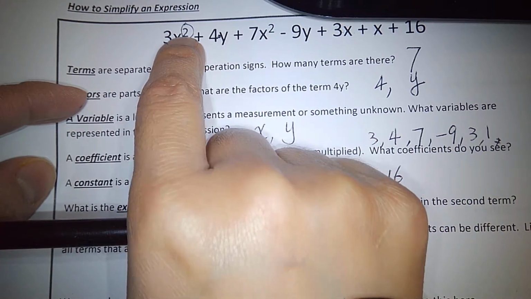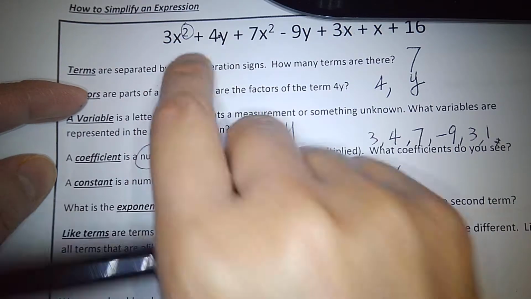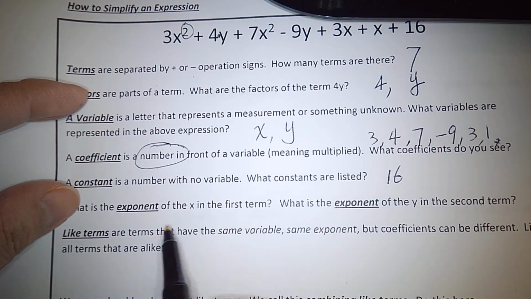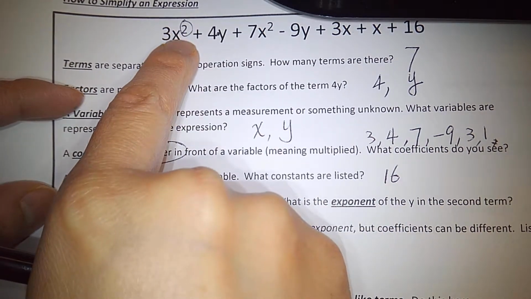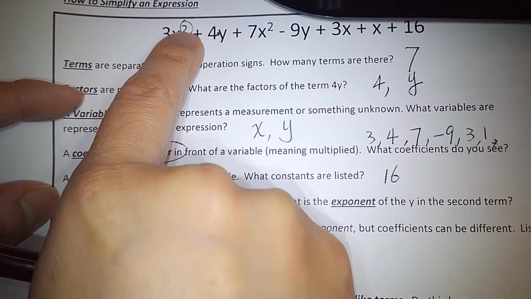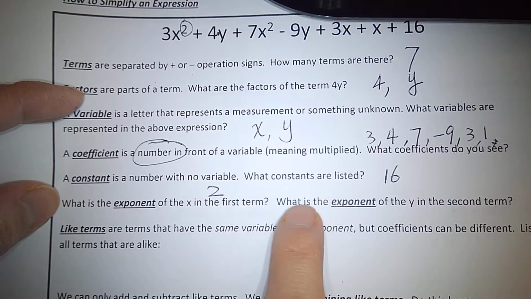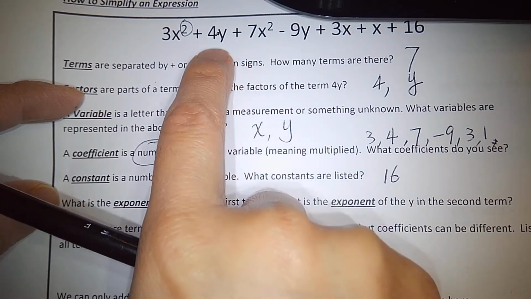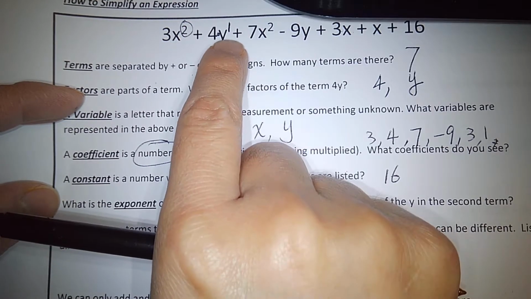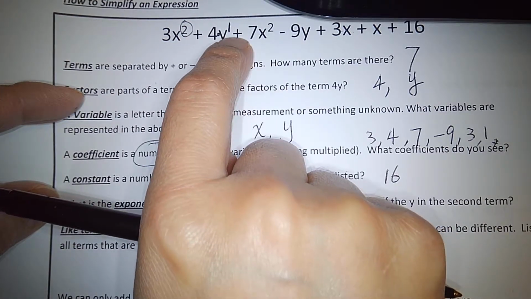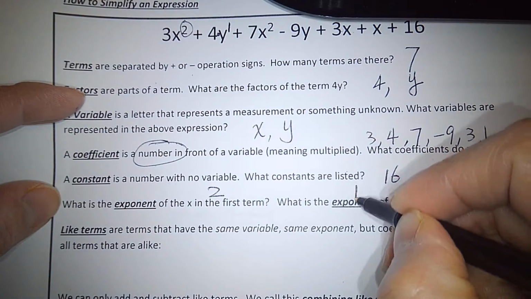So the exponent for this x in the first term is 2, because it's given as 3 times x squared. This 2 is the exponent for x in this term. What is the exponent of the y in the second term? It doesn't say anything. If it doesn't say anything, it is 1 by default. Yes, it is 1.